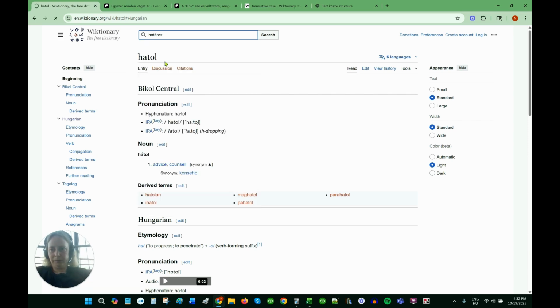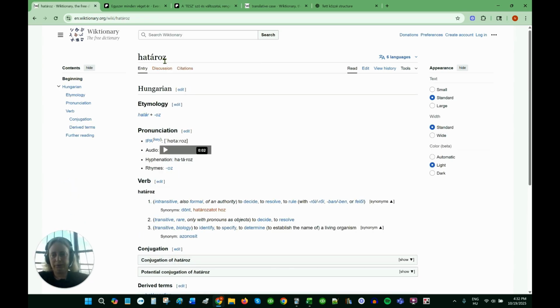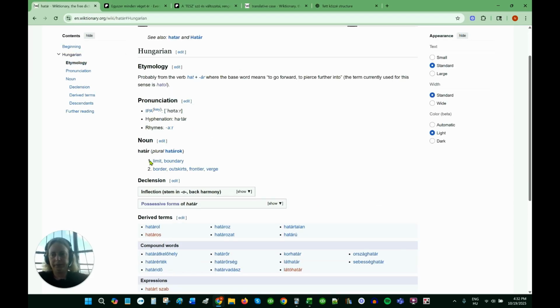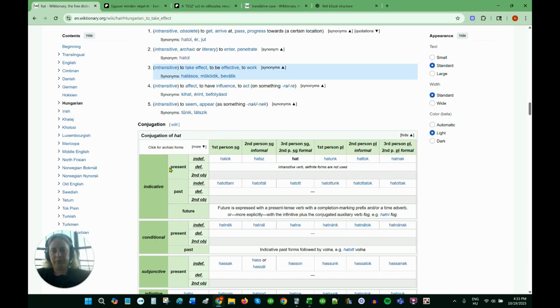And the reason I want to bring that to your attention, it means to decide, or to resolve, or to determine something. And a határ is a border. So here, a limit or a border. So if you go to the Hungarian border, that's the Hungarian határ. So when you look at a conjugation in Hungarian, it will have 2 types of conjugation.